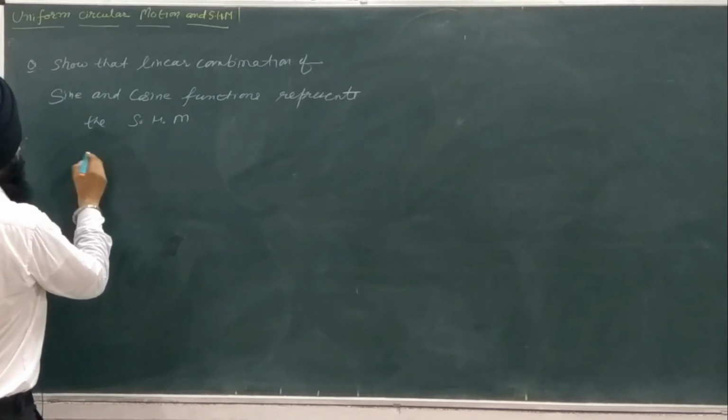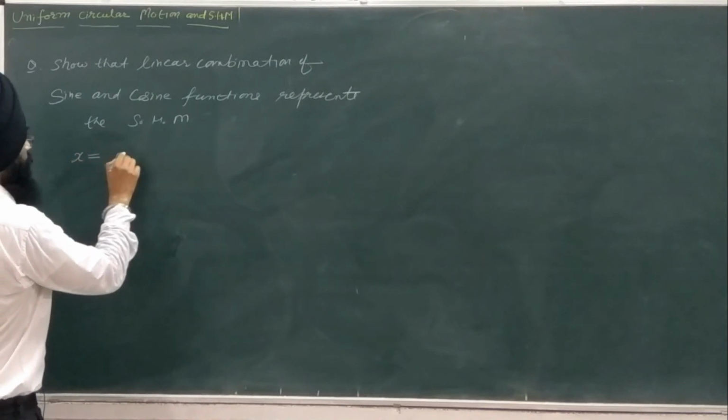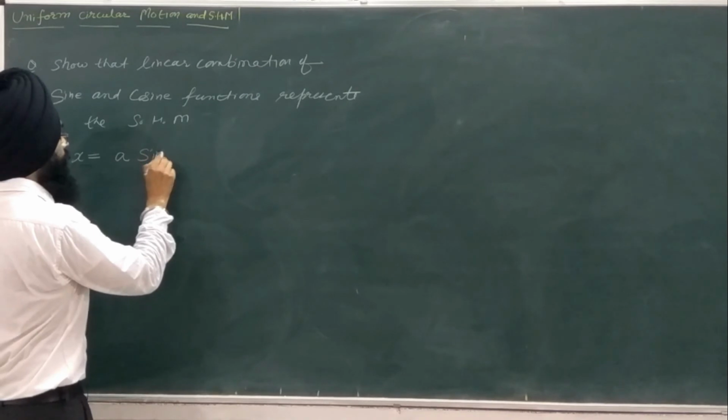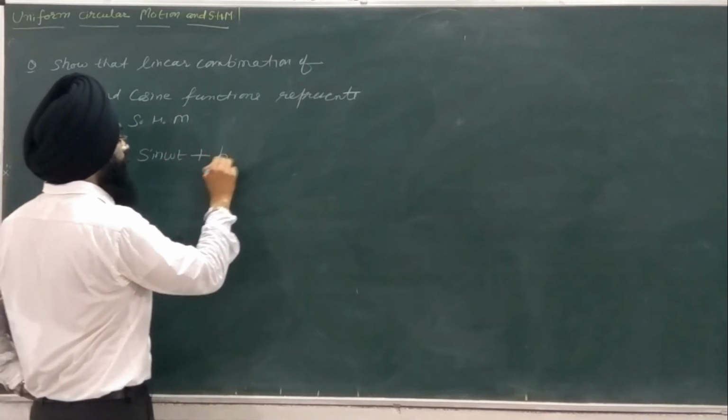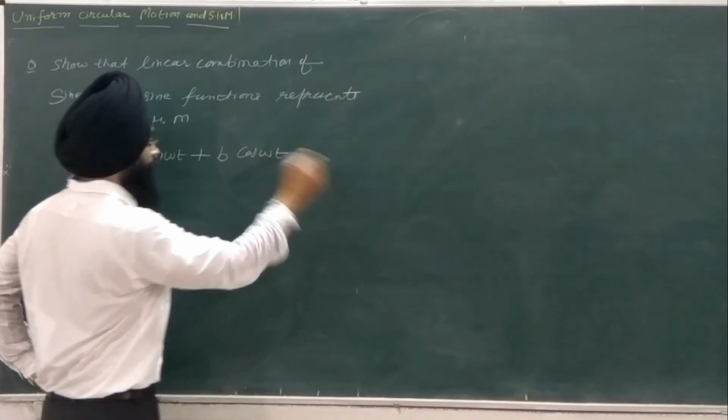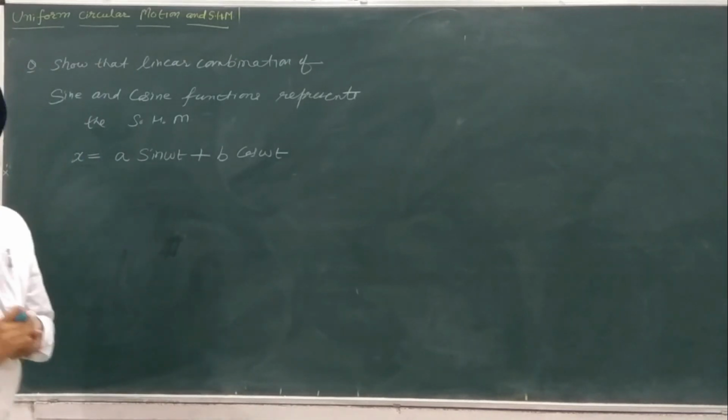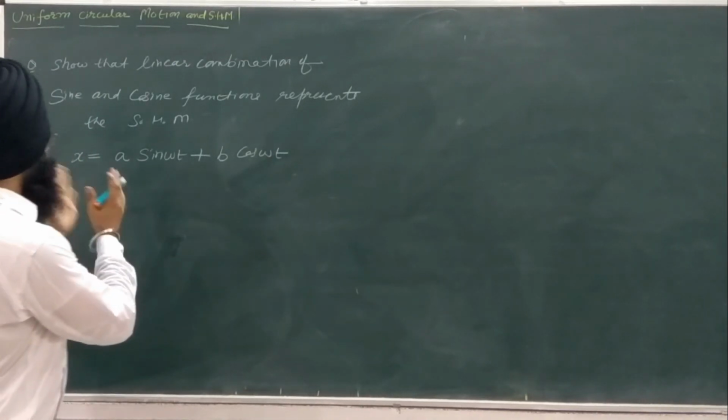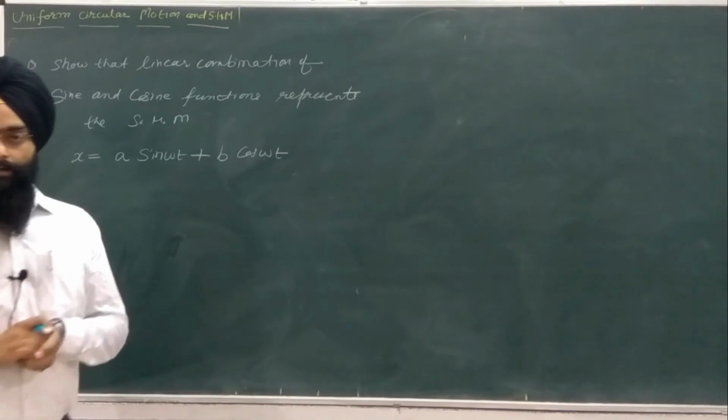I mean to say, if a function is given like this, x equals a sine omega t plus b cos omega t, we have to find out whether this function represents simple harmonic motion or not.